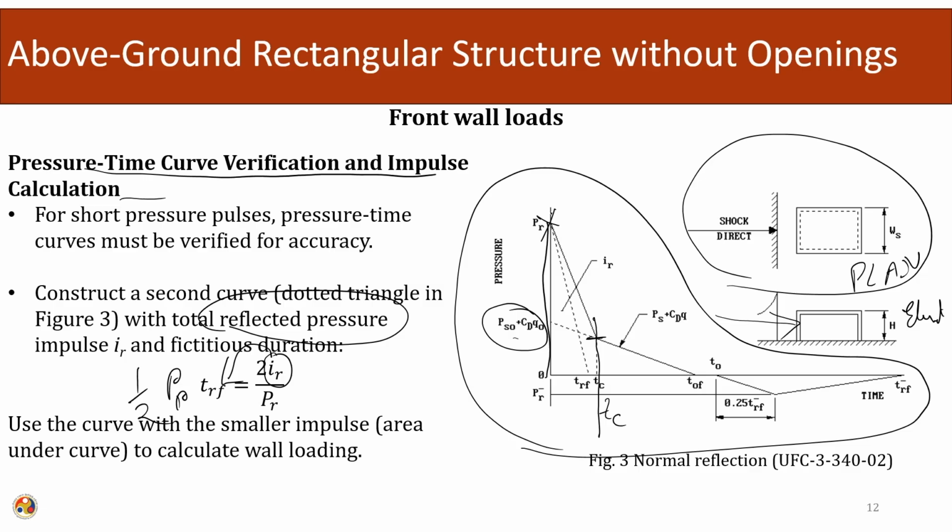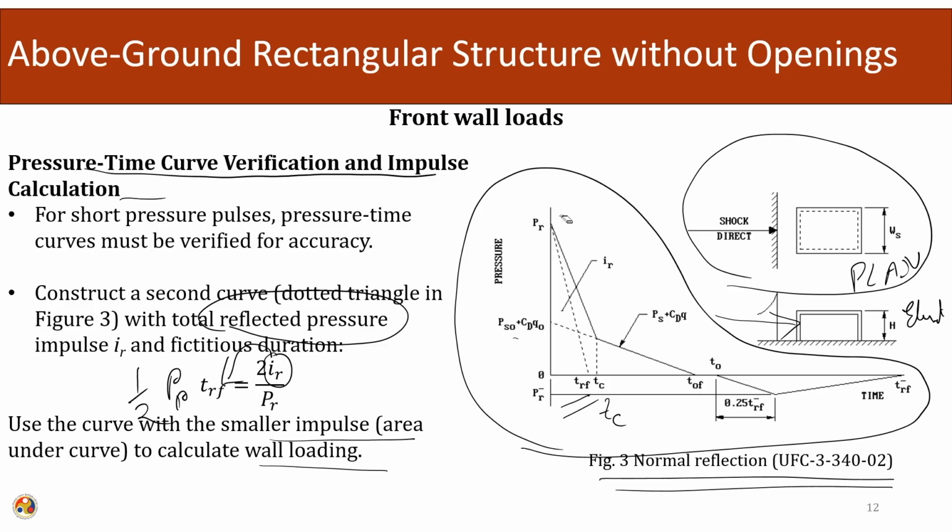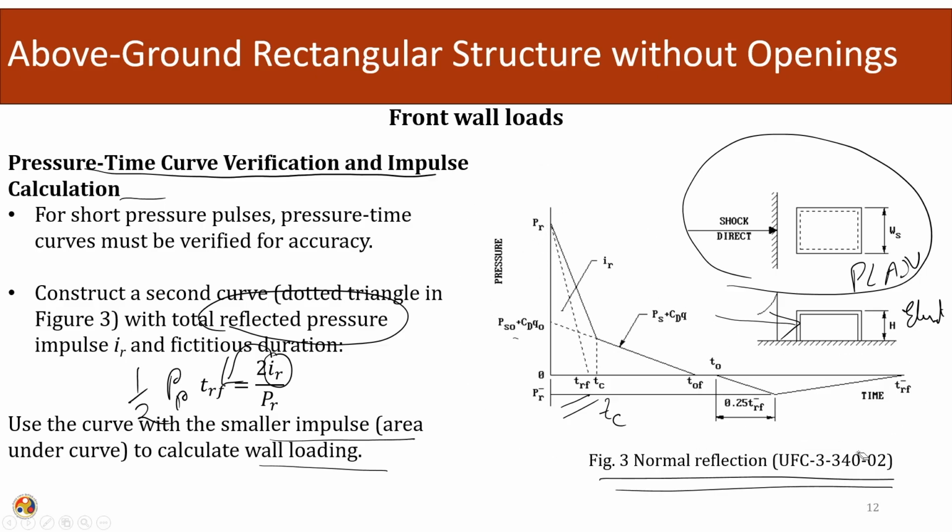It means that though the reflected pressure is relieved after a time Tc, the total intensity of this reflected blast curve should match the actual intensity. Then we make this curve, which is used to calculate the loading on the wall due to the normal reflections. This is how we construct the curve so that this loading is applied on the front walls.